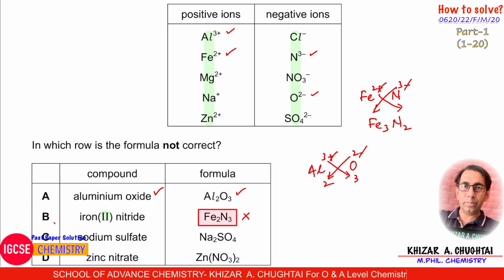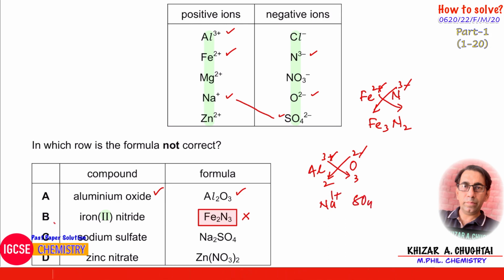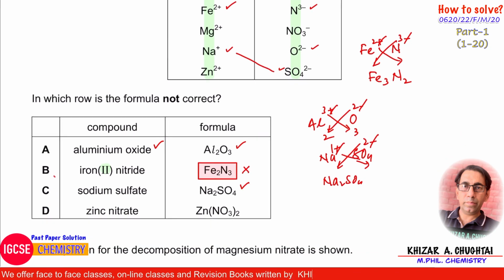Sodium sulfate, Na2SO4. Here is sodium, here is sulfate. Sodium 1 positive and SO4 2 negative. Charges cancel out, 2 over here, 1 over here, and the formula will be Na2SO4. Yes, it is correct. Name is also correct. Zinc nitrate.